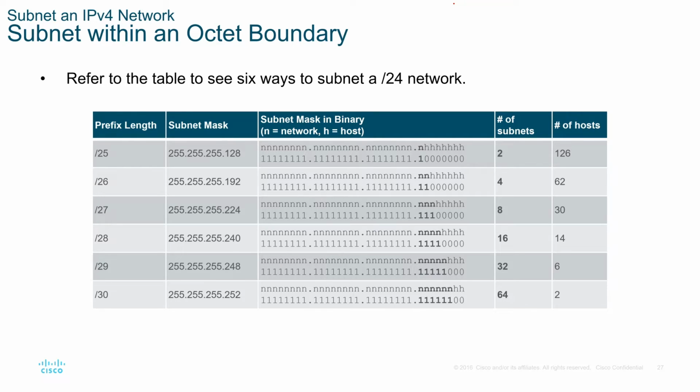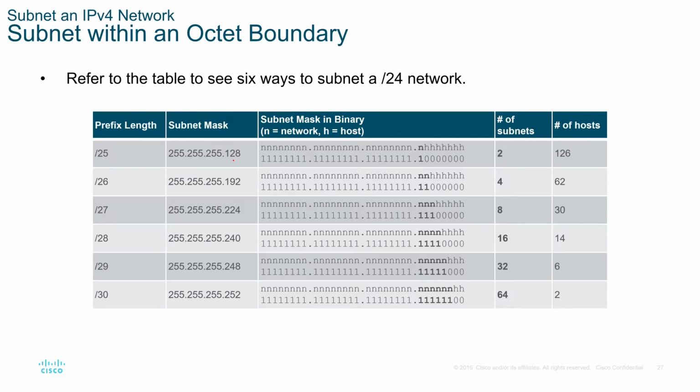Now, if we decide to use the host bits, you must remember that when you get an address from your service provider, the network is fixed in stone. You cannot change the network. You can only change your host bits. Here we are looking at the subnet mask, and the /25, we would have 8 for 255, 8 more, so I'm at 16. 8 more gives me 24, and 1.